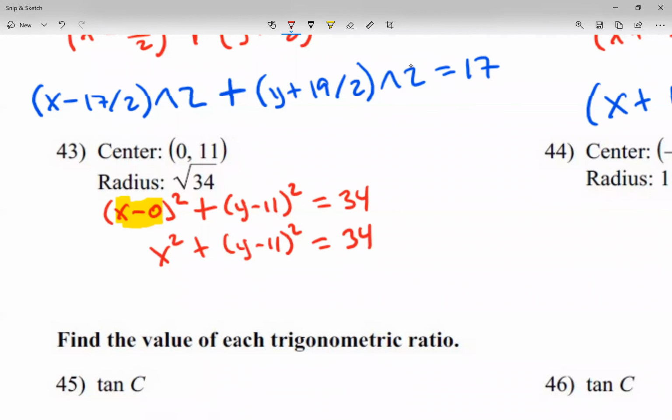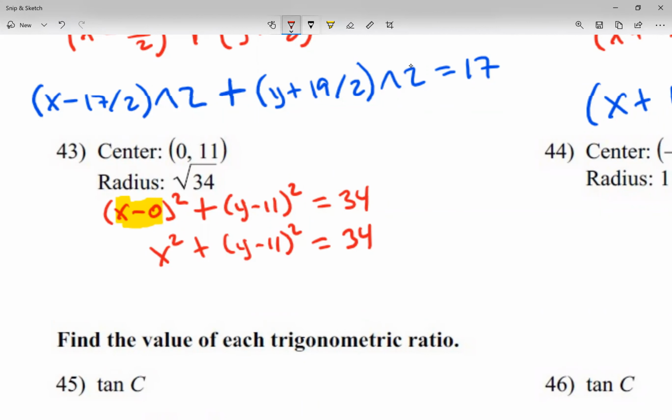Notice that minus 0, we just don't use minus 0. We just write it as an x. We're simplifying it. So in some cases in your homework, you might see a letter by itself. In this case, x squared. That means that because x is by itself, the x value is 0. If by any chance in your homework, you run into a y by itself, just a y squared, then you know the y value is 0.